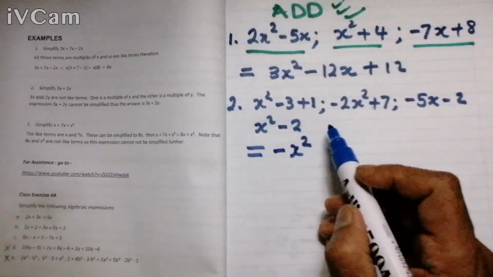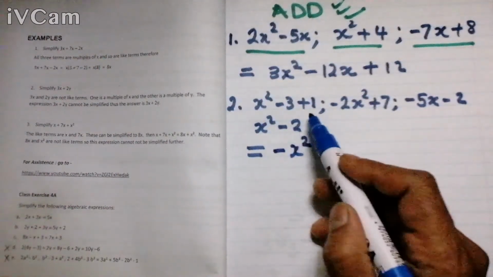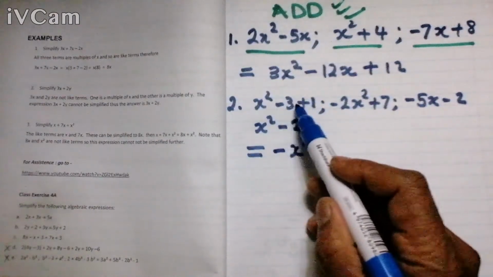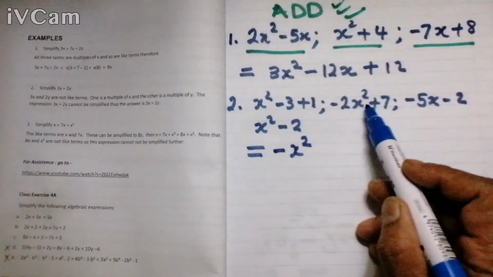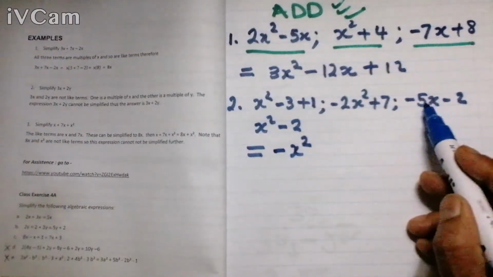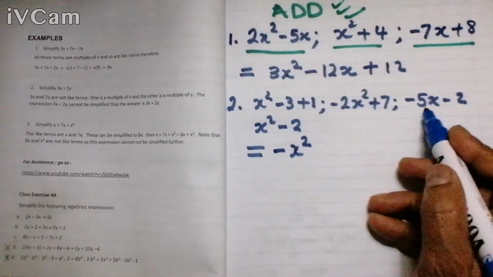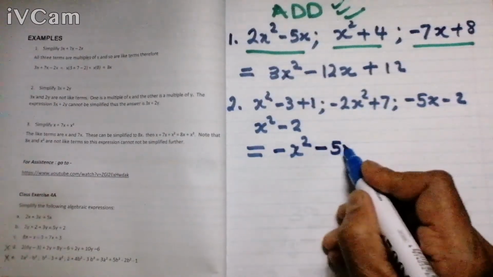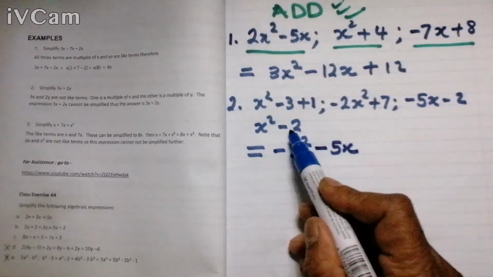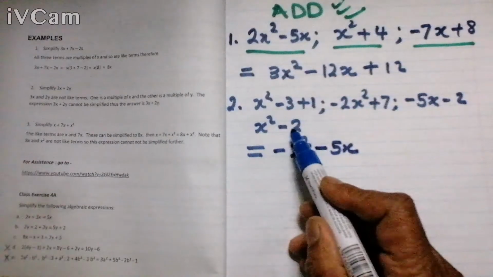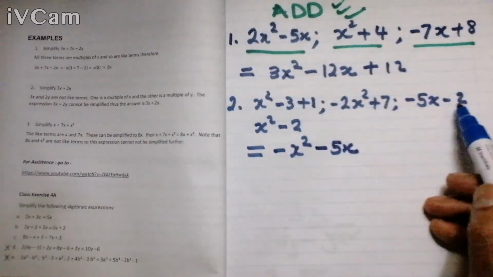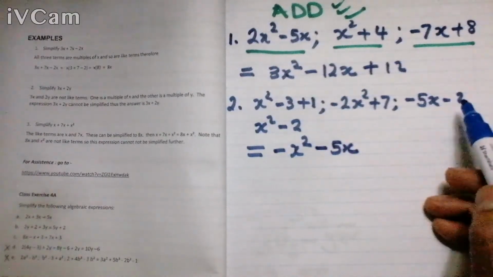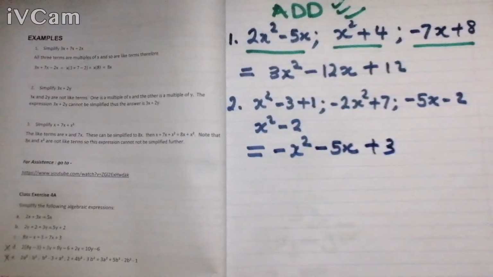There is no x term here, and there is only an x term there, so there's nothing to add to it. It's just going to be minus 5x. The number here is going to be minus 2 plus 7 is plus 5, plus 5 minus 2 is going to be plus 3.